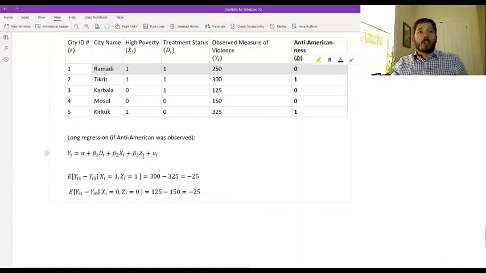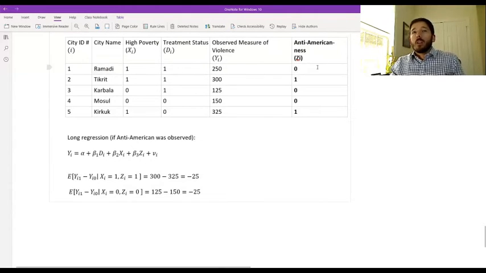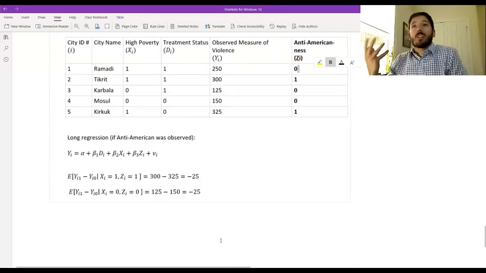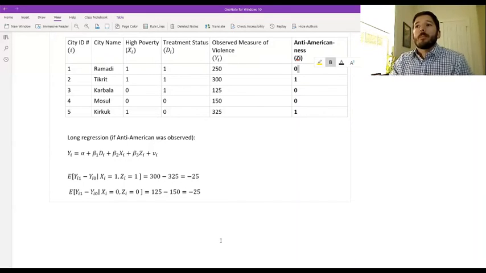We're conditioning on these variables, but once we condition on them, there's no variation within high poverty, not anti-American. So we don't have a comparison there that contributes to our causal effect estimate.